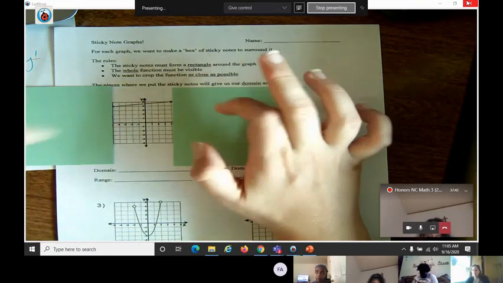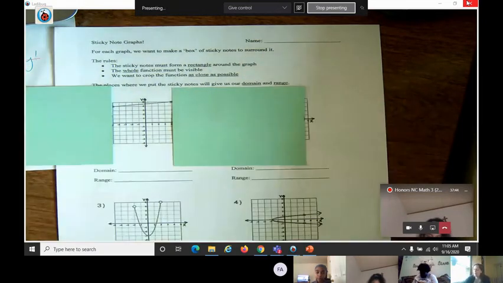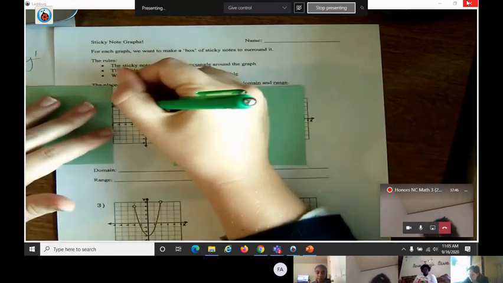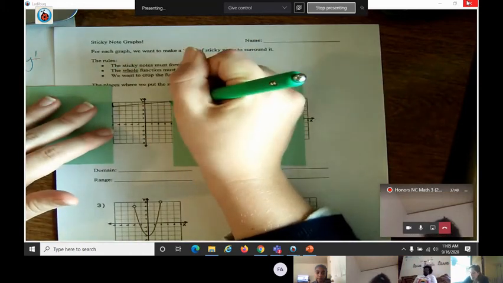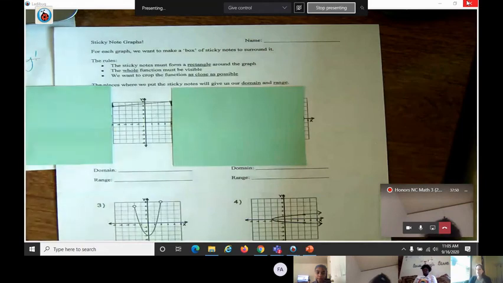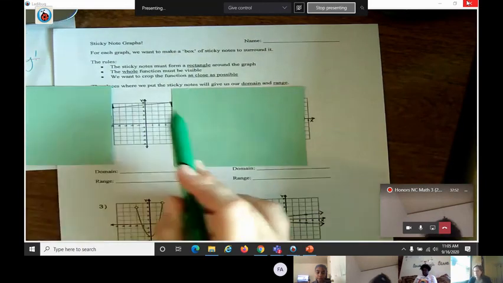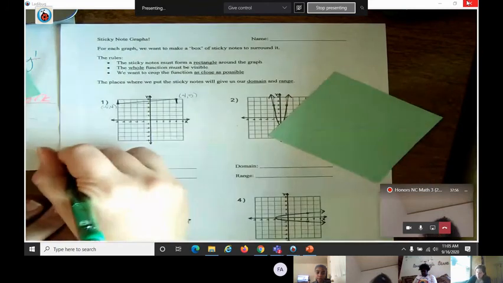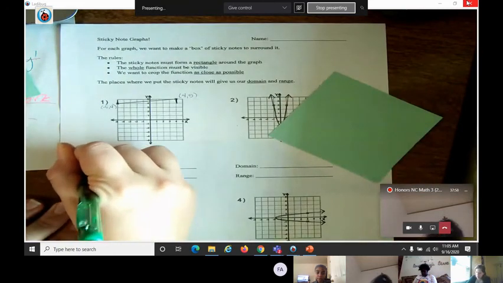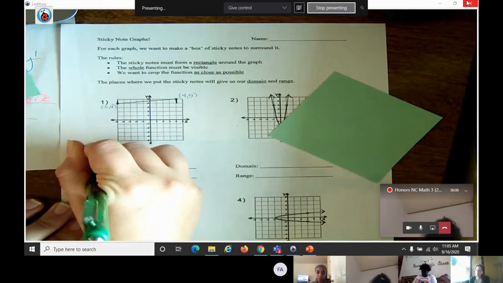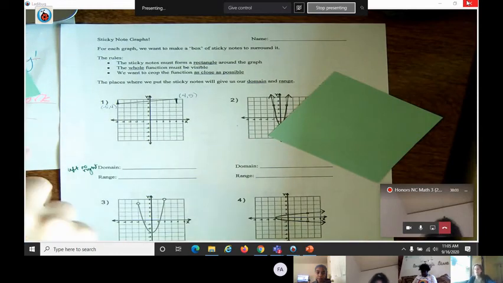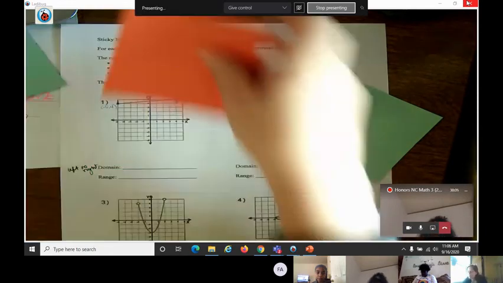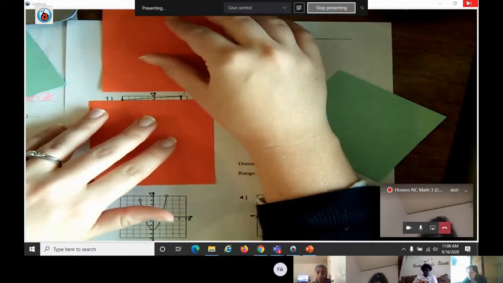Okay, so I'm going to take my green pen, and I'm just going to mark that on my paper. Okay, so my domain can go from this green line to that green line. Okay, domain is left to right. So left to right. Okay. Then I'm going to take my orange sticky notes. I'm going to put it at the bottom and then at the top.